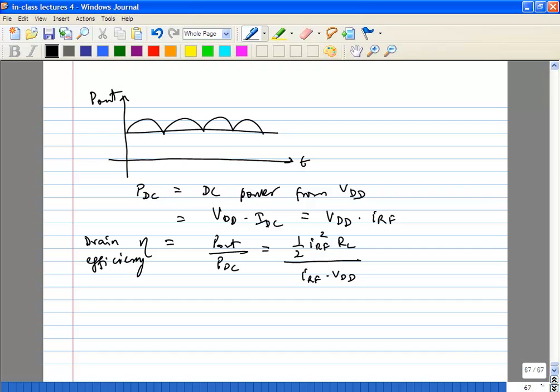And what is the maximum swing we have at the output? It's nothing but IRF times RL, which is nothing but VDD. So you want maximum VDD swing. So efficiency is 50%. This is the maximum efficiency because you have biased it optimally such that you use the whole dynamic range of the current and the voltage.